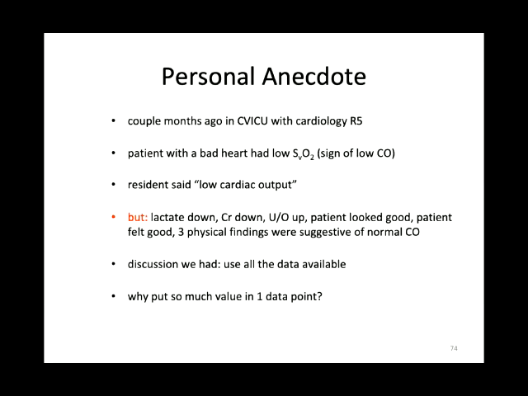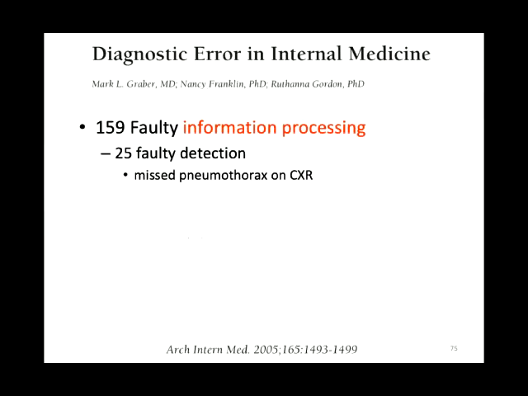And so we had a discussion that focused around incorporating all of the data that's available to us and being aware of how heavily we weight each individual piece of data. The question I had for him was, why are you putting so much emphasis on one piece of data when you have multiple other pieces of data that are suggesting an alternative conclusion?